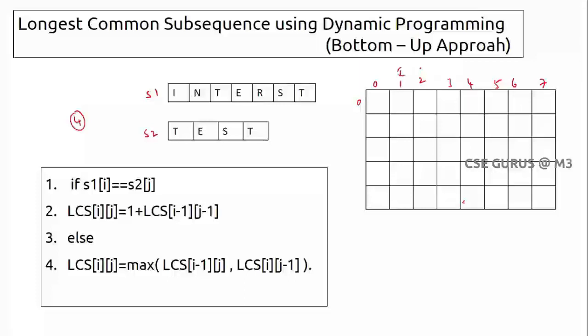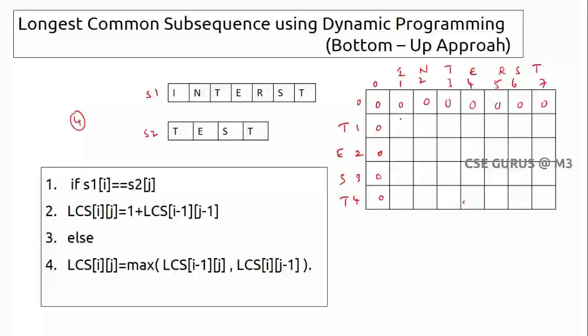I start here with interest, and here test, TES and T. We started with 0 and 0 to get the base condition. The longest common subsequence without taking anything is 0, so all are 0 here. These are the initial values.